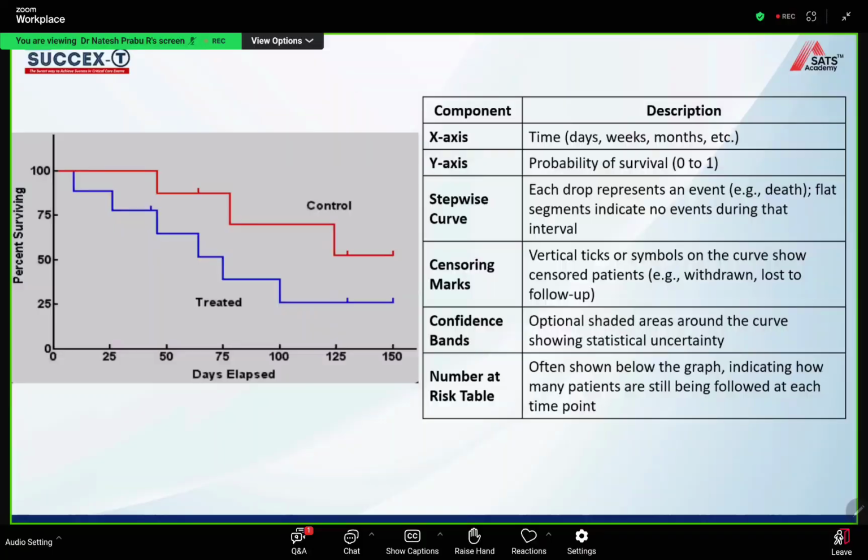We have vertical ticks or symbols on the curve to show censored patients, and there can be optional shaded areas around the curve showing statistical uncertainty, and a number shown below the graph indicating how many patients are still being followed at each time point.